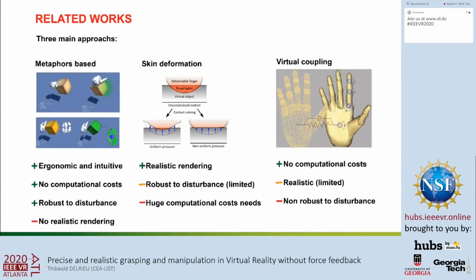In that sense, we need to optimize the virtual mesh of the finger and its deformation during the manipulation. In fact, this is a really realistic rendering because it's nearer to the natural way of manipulating.